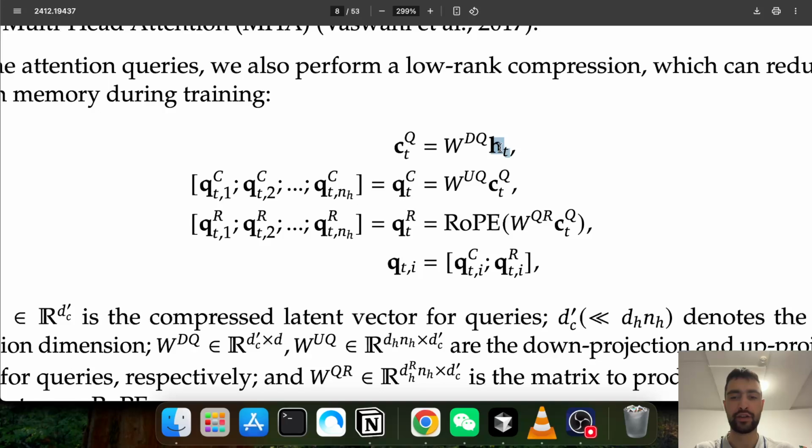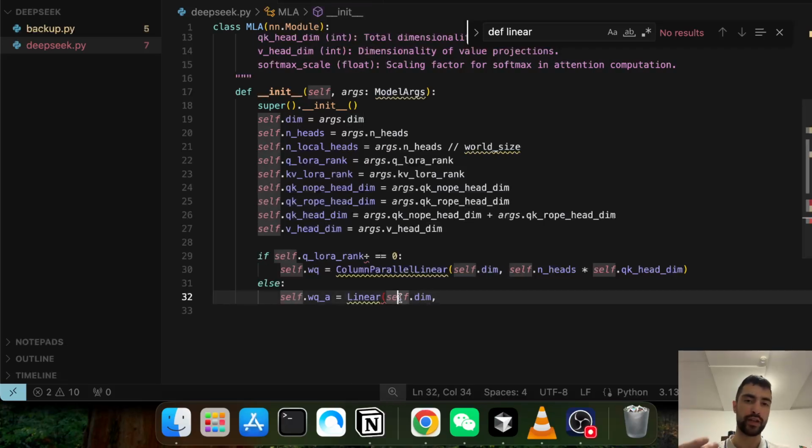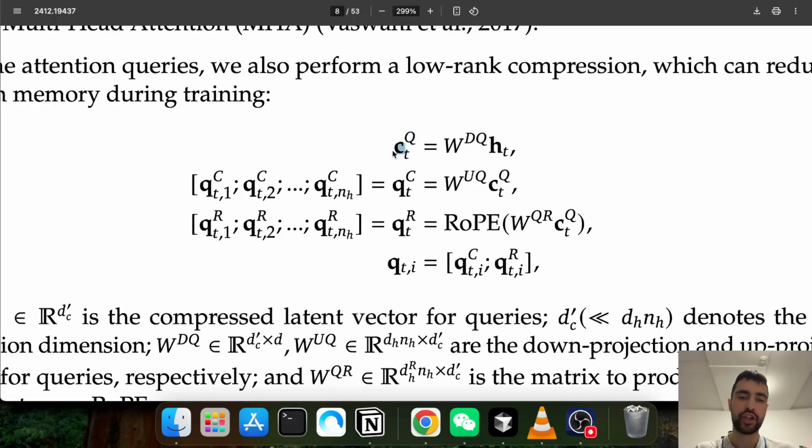So this is a vector and this is a vector. So it's going to be a linear layer. Self dimension, this is the dimension of the tokens, the token embedding, vector embedding dimension. And self Q LoRa rank. As I explained, the dimension of this small latent vector is the Q LoRa rank dimension.